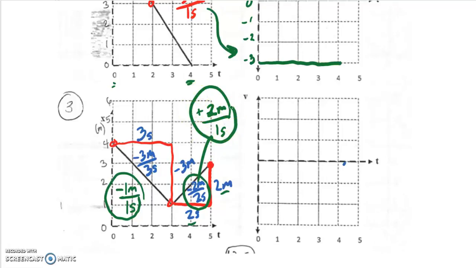So the velocity for the first 3 seconds is -1 meter per second for 3 seconds, and then a +1 meter per second. And I can connect these levels with a vertical line, and I also have the velocities listed on the velocity axis.